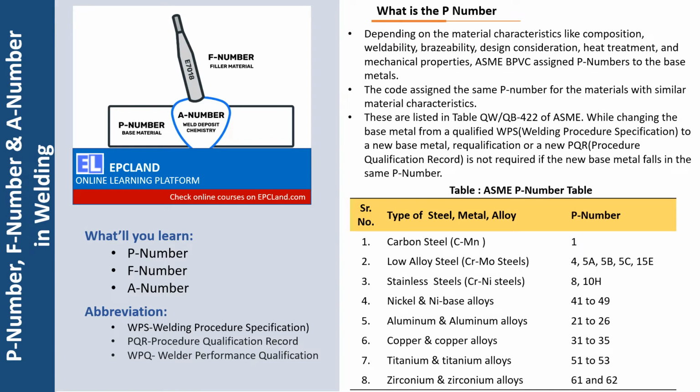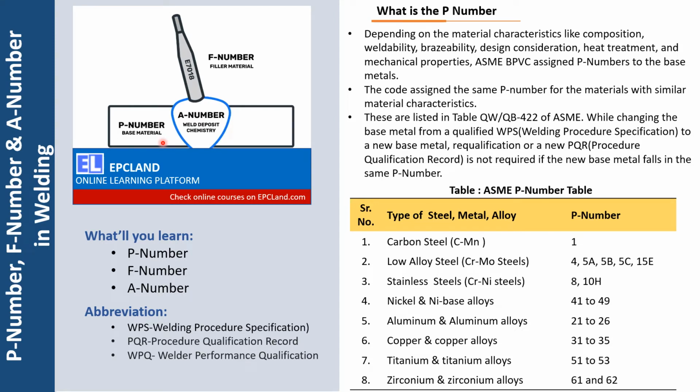Now we know ASME BPVC has assigned some P numbers to the base metals. If you look at this figure, P numbers are assigned to the base metal. Now, what is the procedure to define the P number? That is purely based on composition, mechanical properties, weldability, design consideration, heat treatment.